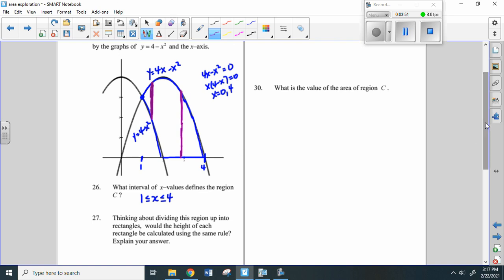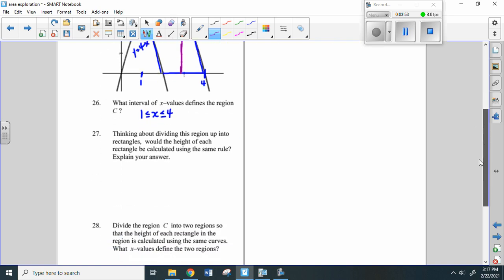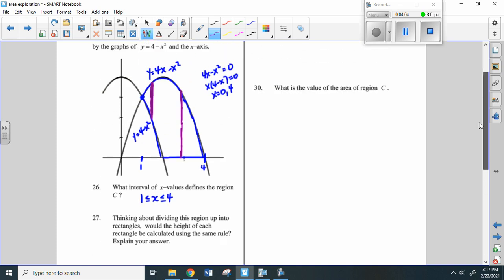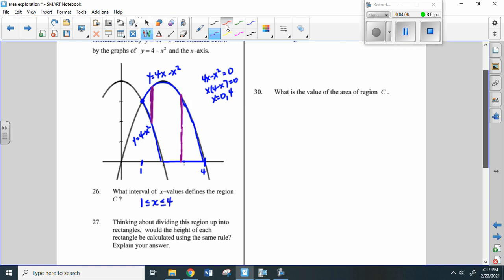That ends up being question 28, I believe. It says divide the region C into 2 regions so that the height of each rectangle in that particular region is calculated using the same curves. When you look at the picture, the idea is that this particular curve, the bottom of this first section, will end when I get to x equals 2.